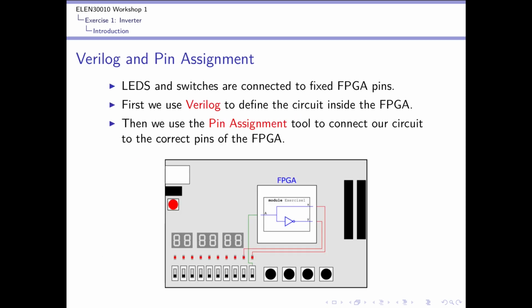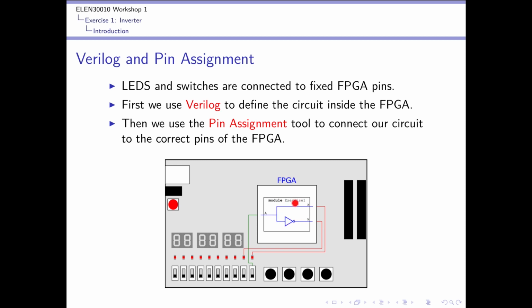It's important to understand the concepts on this slide. Because we've been given a development board, everything is already soldered onto it so that these LEDs are already connected to specific pins on the FPGA, and this switch here is already connected to a specific pin on the FPGA. Our digital circuit simply says whatever comes in this input here is going to go straight through to the output here, and whatever comes on the same input is going to be inverted and goes to another output here.